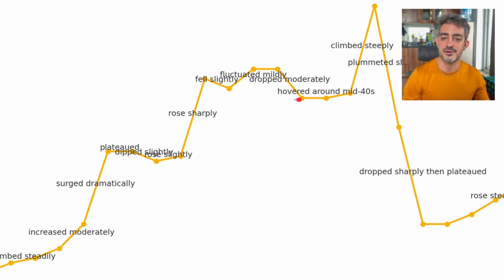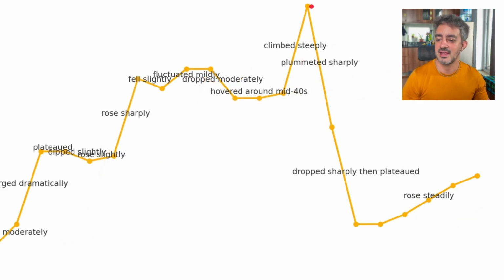You can use hover to show that it stayed within a range. So it's not exactly the same numbers, but it's similar numbers. So it hovered around the mid-40s or the mid-30s, then climbed steeply. Here it peaked, and then we could say it plummeted sharply, or it dropped sharply, and then plateaued.